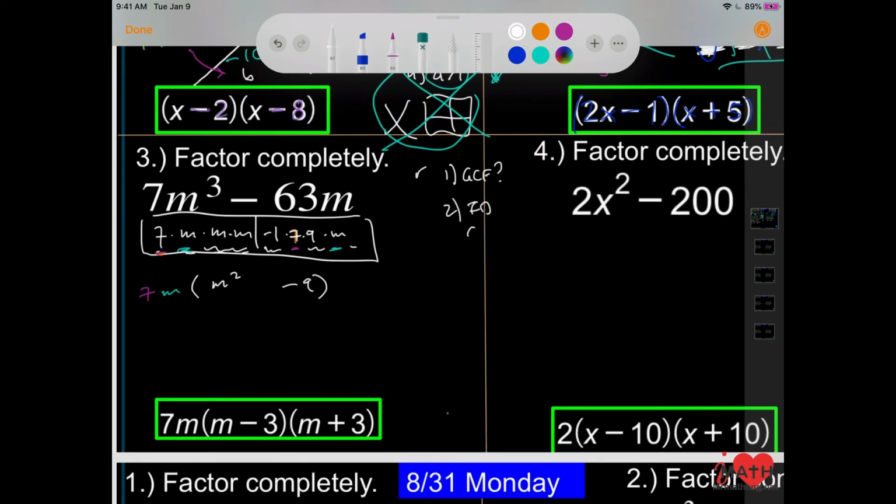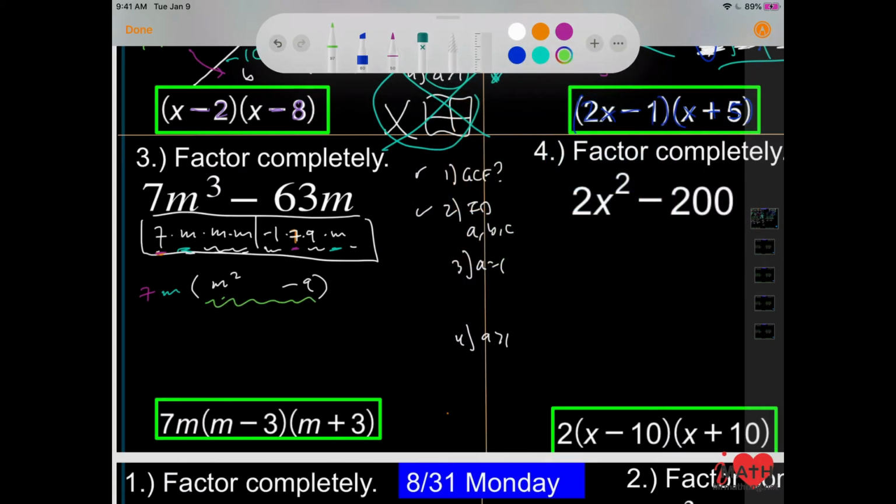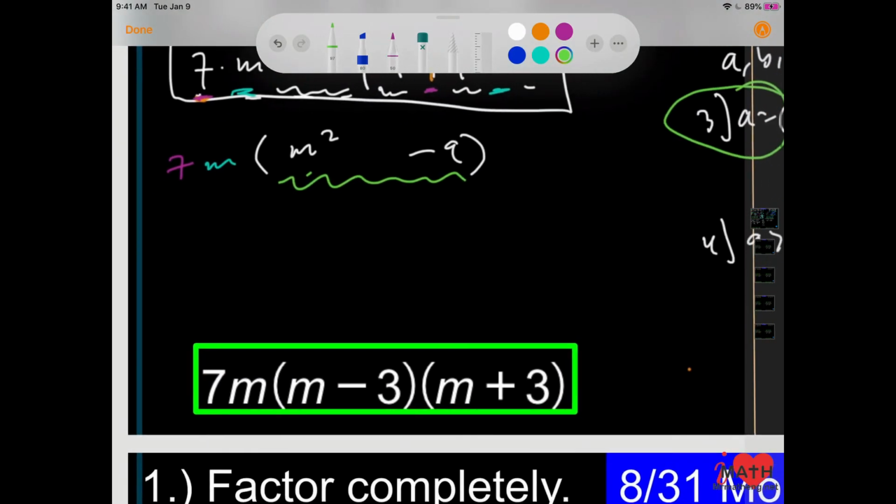We've identified our a, b, and c. Is it a equals 1 or a is greater than 1? Well, pay attention now. After taking the GCF, inside the parentheses right here, my a value is 1. So we're going to be doing that one, okay?